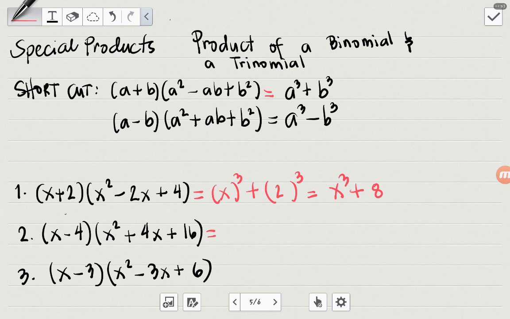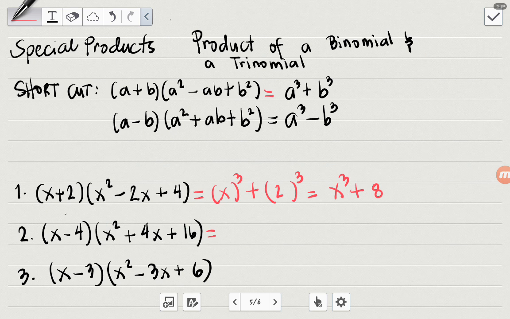Okay, next. Check natin ulit yung plus minus. Minus, plus, plus. So, tingnan natin yung mga terms. First term, x. Second term, 4. Okay, yung pangalawang factor, dapat square ni x. Check. Yung pangalawang term, product ni 4 at x. 4 times x, 4x. And then yung third term, square ni 4. 4 times 4.